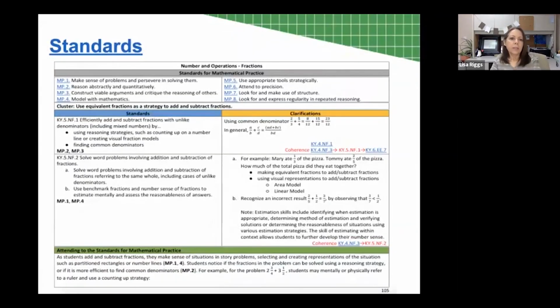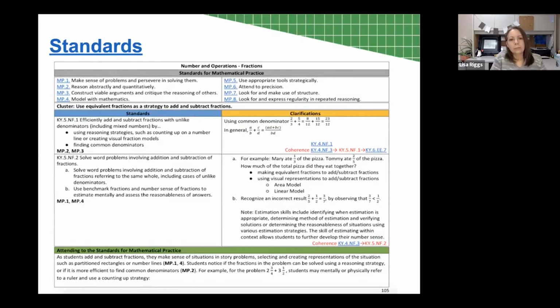Okay. The standard we're going to be focused on today is the 5th grade standard 5.NF.1: to efficiently add and subtract fractions with unlike denominators, including mixed numbers. The Kentucky standards have 2 bullets under that, because if we stopped there, we might think we are only focused on rules and procedures.